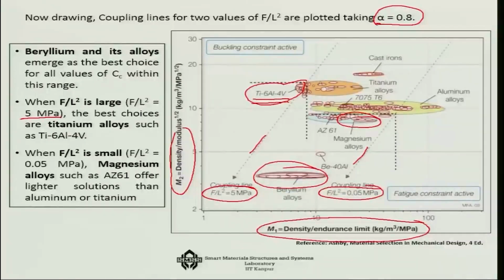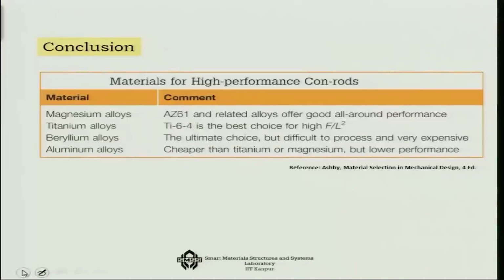So, we get a very good idea of which material to choose corresponding to the applications. Our conclusion is that magnesium alloys like AZ61 and related alloys offer good all around performance. Titanium alloy is the best choice for high pressure values.